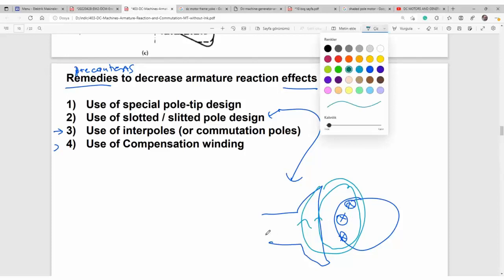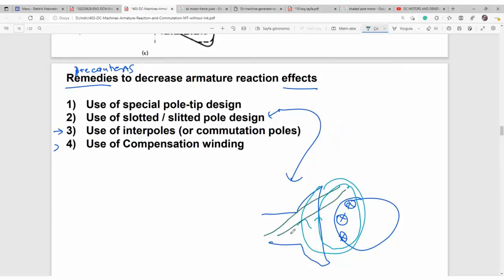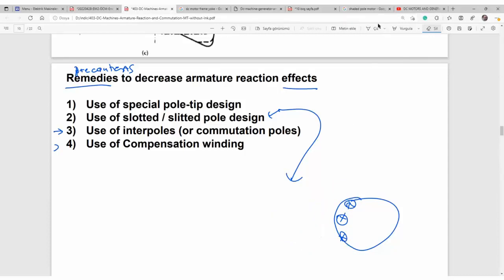That was the field distorted. And then, Houston, take care. By making a proper design on this pole shoe, it is slitted. Here are slits.